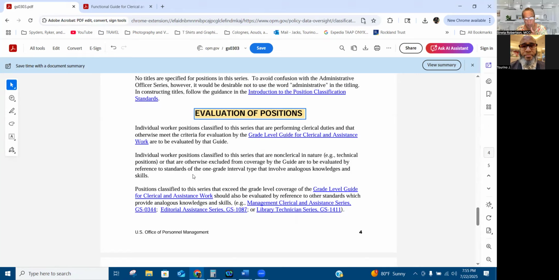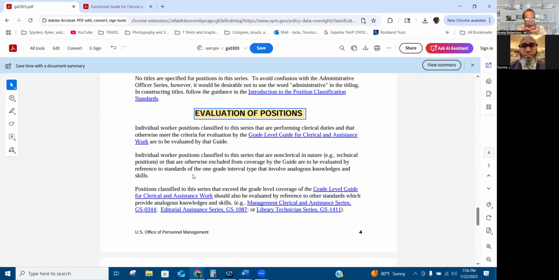So if the work is not all clerical and has some other attributes, like budget or editorial, you know you have to go to another one grade interval guide, not use a two grade interval guide to classify the position.